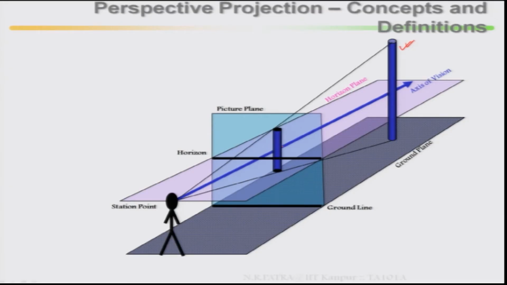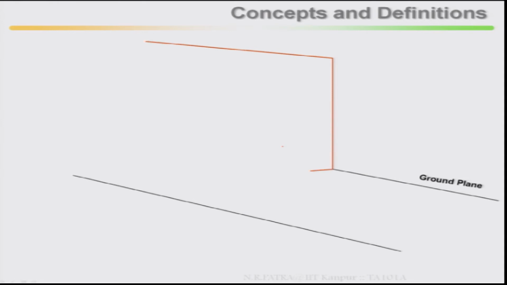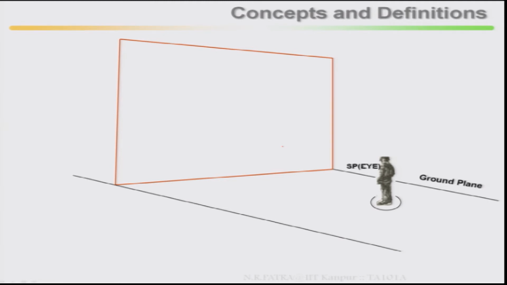Now this is the concept in a simple 2D view. Let me go to the 3-dimensional view, how it looks: ground plane, then your picture plane, then SP, the stationary point, I mean station point.